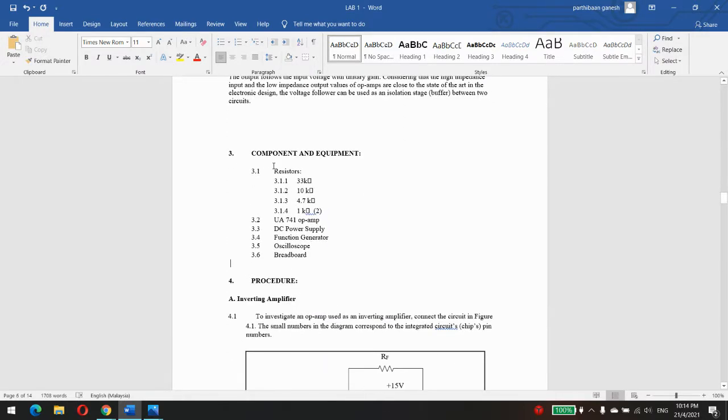Before that, these are the components that we have to use. We exclude the breadboard and oscilloscope because we are going to build this circuit in Multisim.